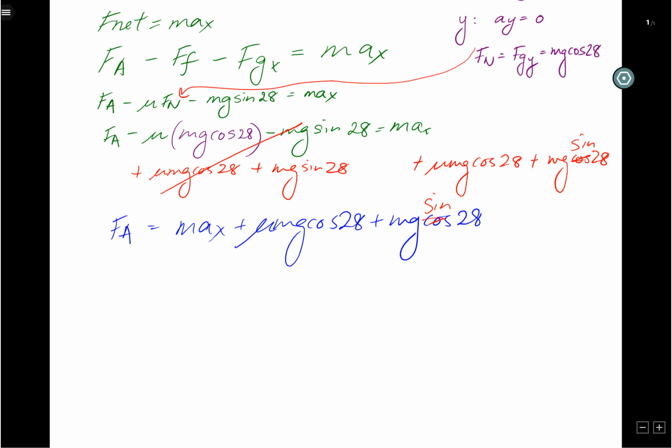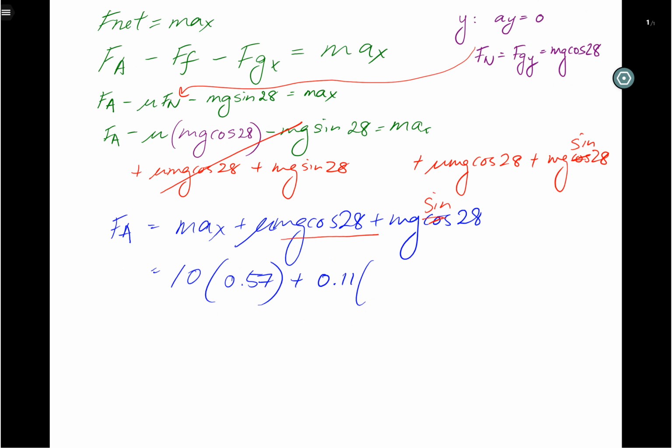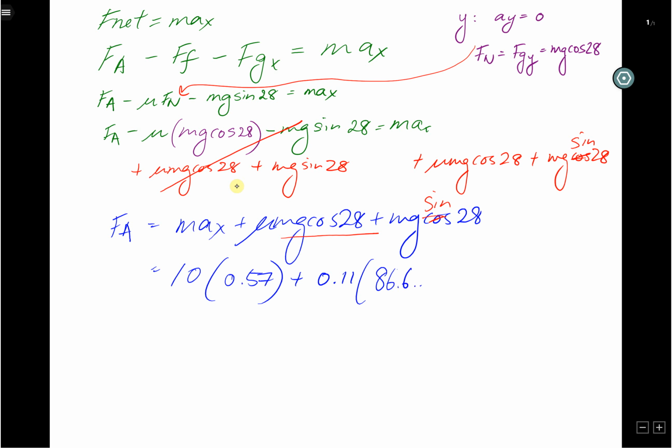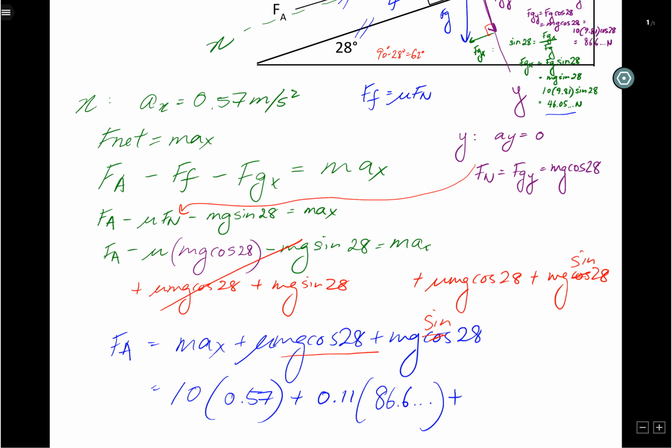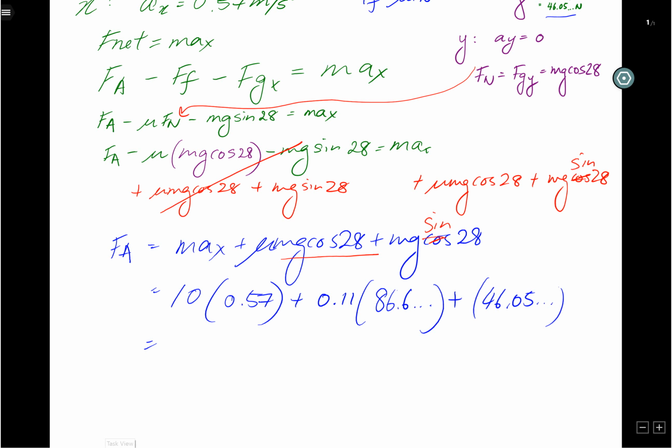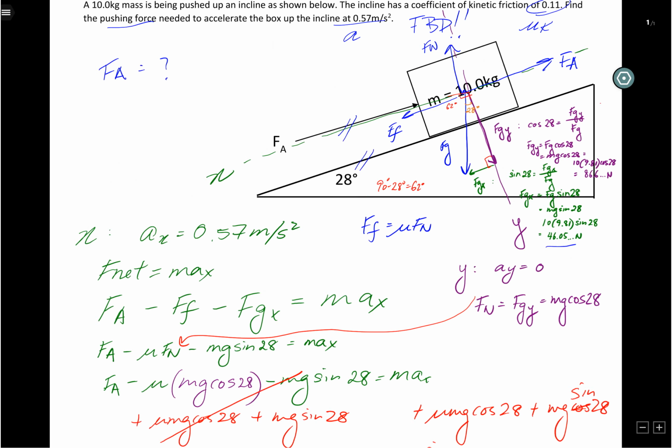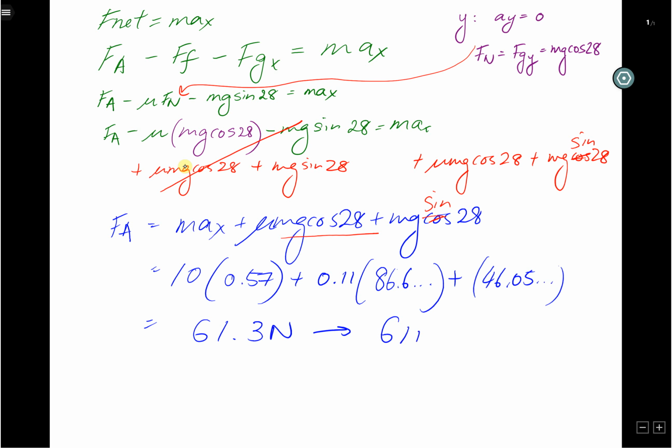Putting in our numbers, we have our mass, 10, times our acceleration, 0.57, plus mu, 0.11, times mg cos 28, which we found previously as 86.6, plus mg sine 28, which we also found before as 46.05. And this is equal to 61.3 newtons. We're going to round that to 61 newtons.